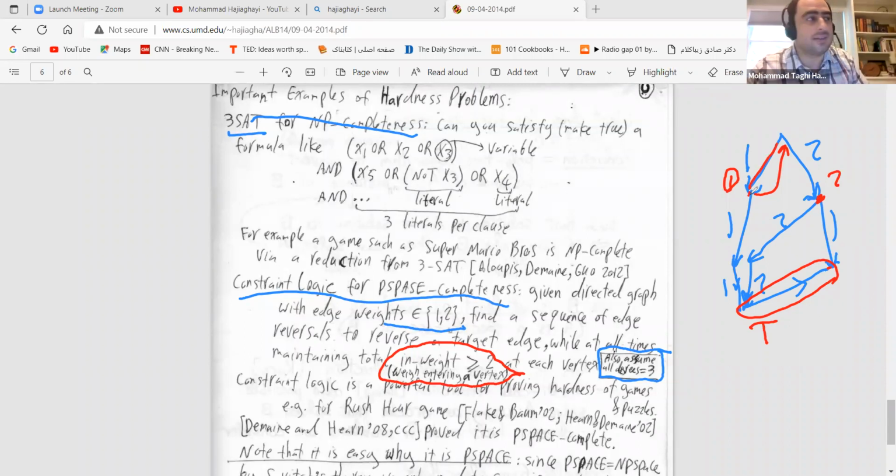Now you can start changing any edge that you want, as long as you don't violate this condition. The in-weight of every vertex, the sum of the weights of the incoming edges, should be at least 2. As long as you don't violate this, you can change the edges one by one. The final goal is to change the direction of one particular target edge that I'm giving you.